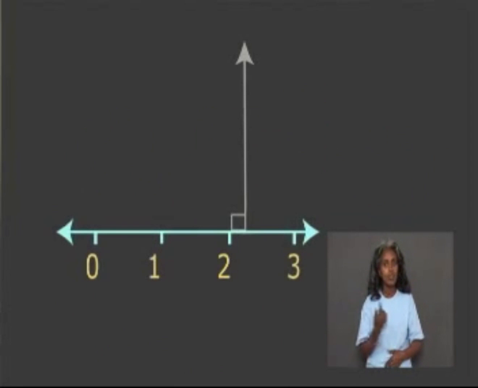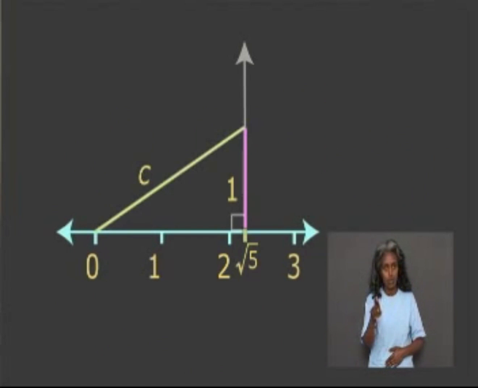We mark the point on the number line that represents the square root of 5, and we draw a perpendicular line 1 unit long. From 0, our arc passes through the point at the top of the perpendicular line and crosses the number line at the square root of 6.